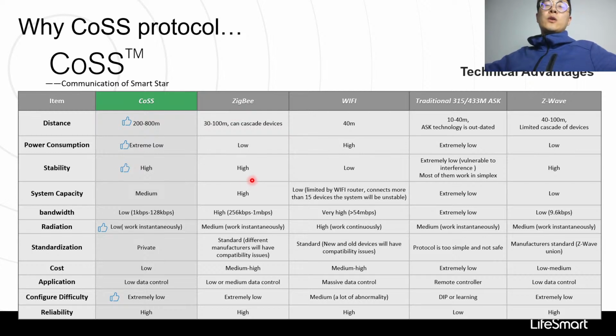We use our COS protocol because we can adjust it ourselves. We can know what is not good, and we can keep improving on that. So this is the background story about why we're using the COS protocol instead of Zigbee.